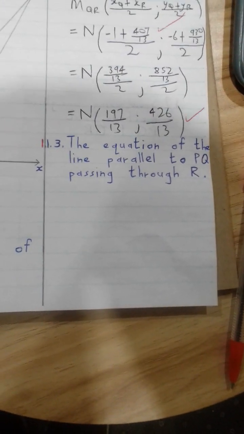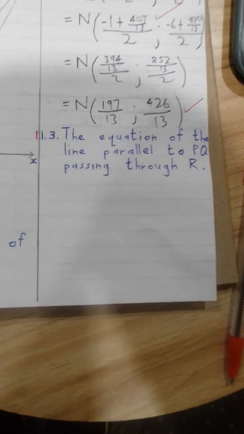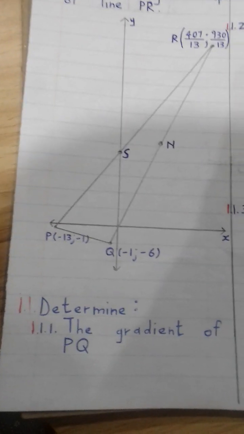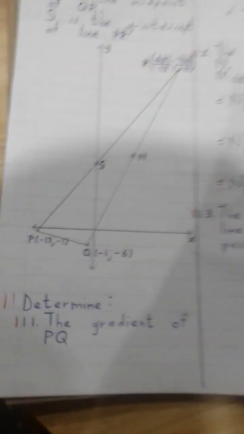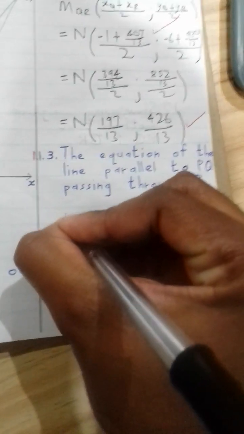1.1.3, once again forgive my numbering on this hard copy. 1.1.3, determine the equation of the line parallel to PQ passing through R. So the gradient of that line is the gradient of PQ, right? What is the gradient of PQ? Negative 5 over 12, right?